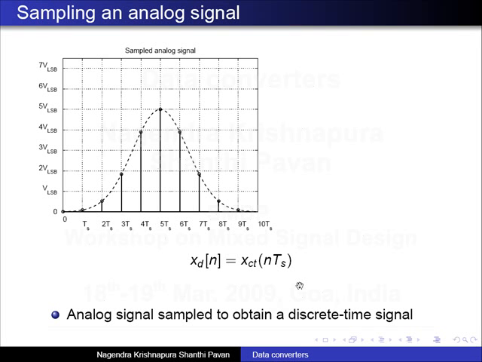Now, what will I get in the frequency domain if I do this? Yes, it is periodic, but what will be the shape of the spectrum? Same. So, we start with a continuous time signal, it has some spectrum, and then we sample it.